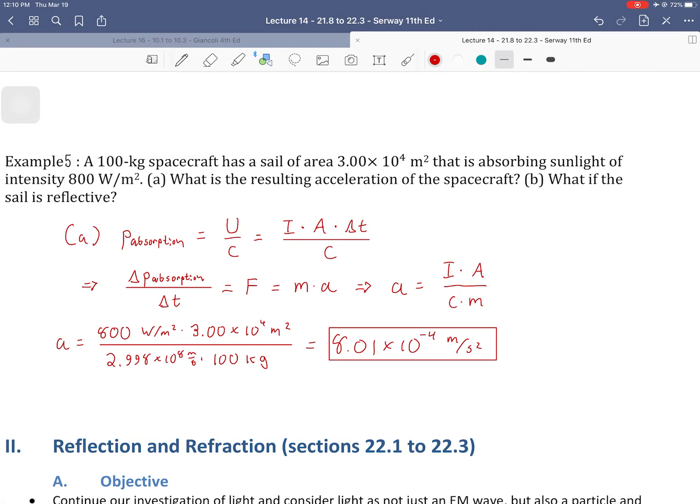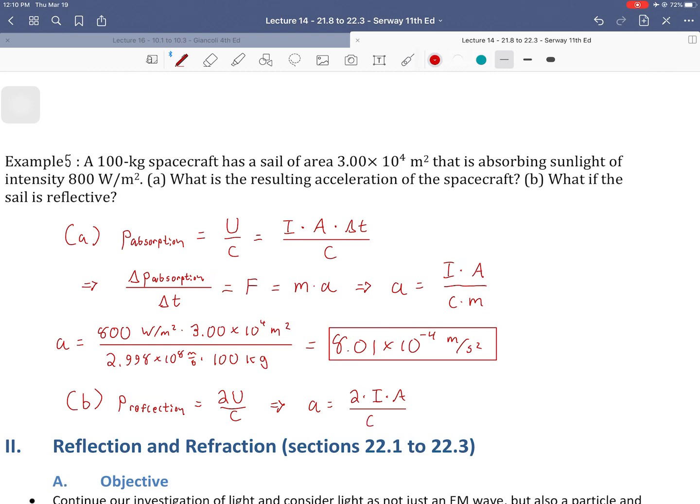But if instead we made a sail that was entirely reflective, then we could get significantly more acceleration, because in that case, the change in momentum for a reflective sail is 2U over c, which means that when we solve for everything, we get an acceleration of 2IA over cm.